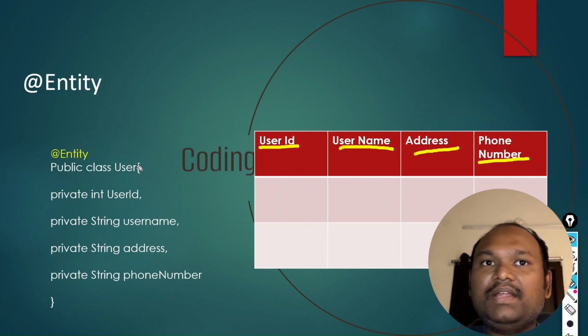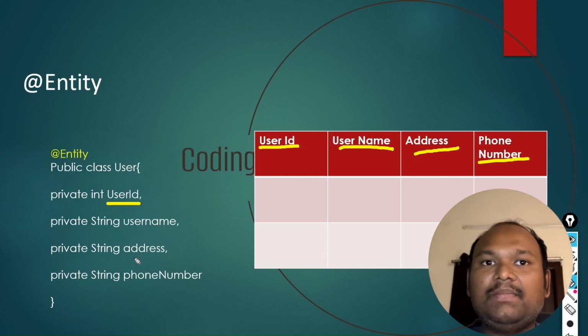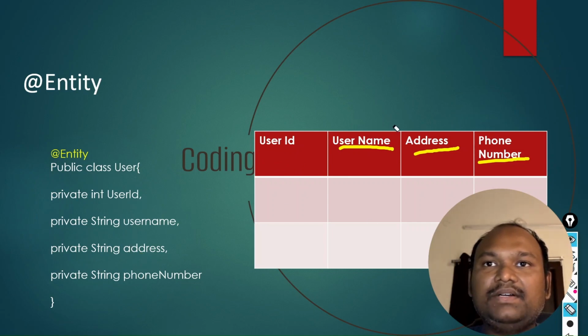We will create the attributes within the same user POJO class or entity class with the same column names. For user ID, I'll be using userId, like username, address, and I'll be providing all those attributes. And we will be annotating this POJO or entity class with @Entity so that it maintains a relationship with our user table.